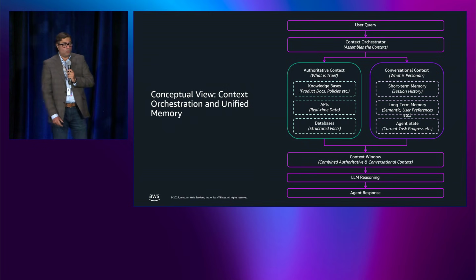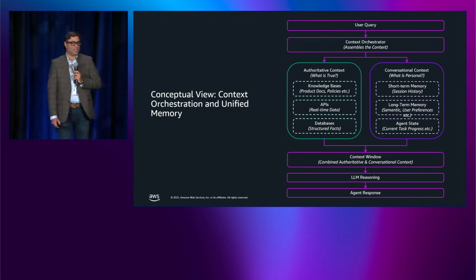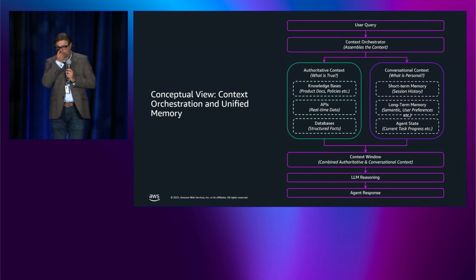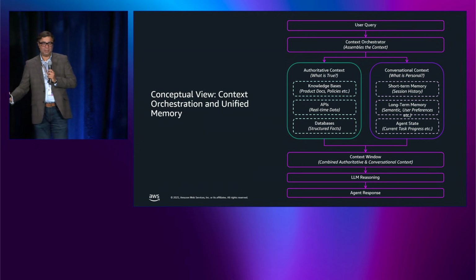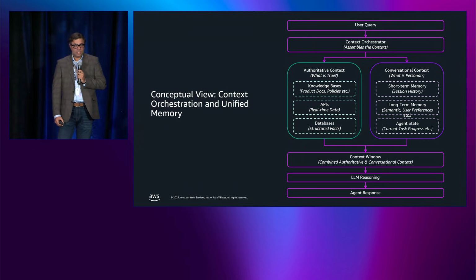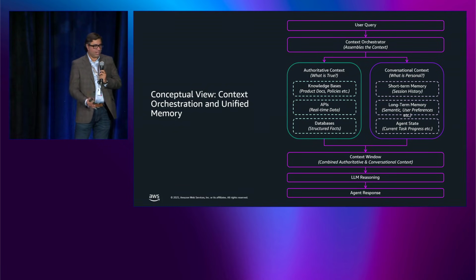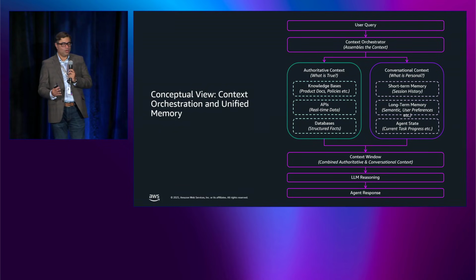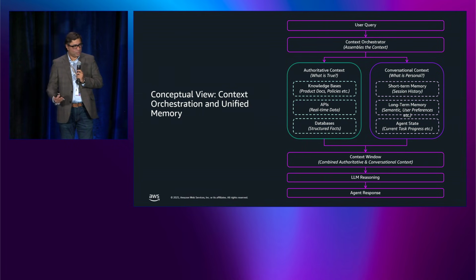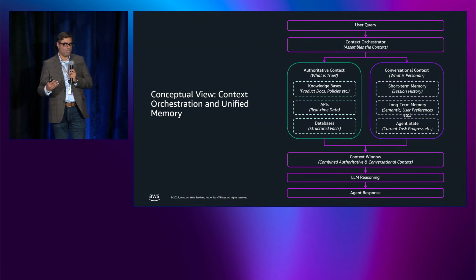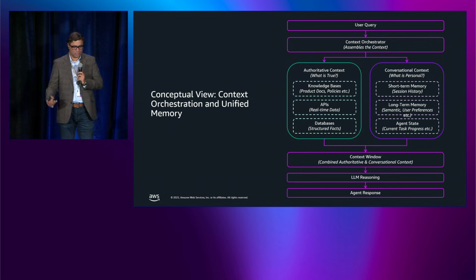If we now move on to context orchestration and how unified memory has changed our whole implementation and roadmap, as you can see, there are 2 planes of context here. We have an authoritative context, which is around knowledge bases, APIs, and databases, the things which make up your knowledge ecosystem.